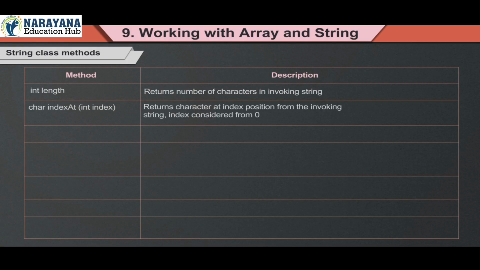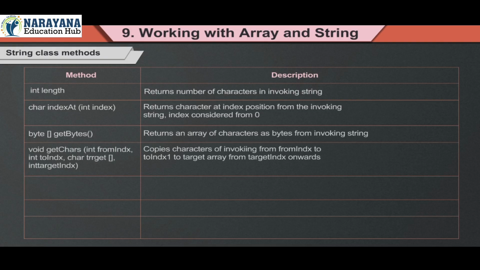Method: char charAt(int index). Description: returns the character at the index position from the invoking string, index considered from 0. Method: byte[] getBytes(). Description: returns an array of characters as bytes from the invoking string.